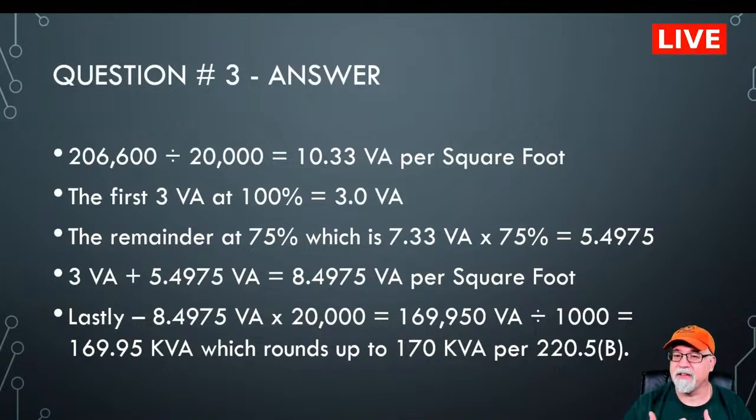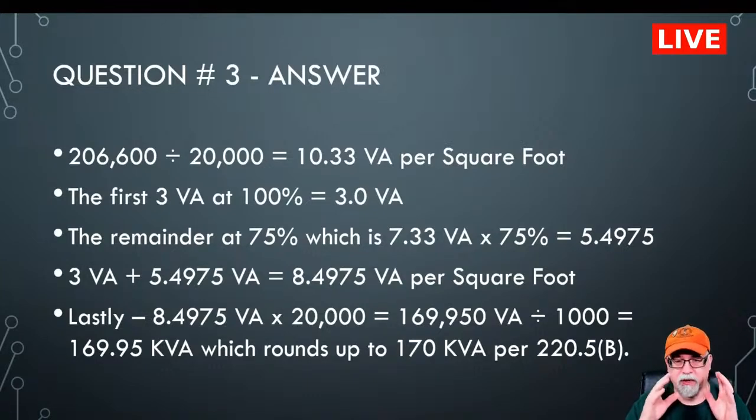Now, this is the last step. We have to convert this to a value that we can use. So you take the 8.4975 VA per square foot times how many square feet do we have? 20,000. 8.4975 times 20,000 is 169,950 VA. Let's back up: 169,950, divide that by 1,000.